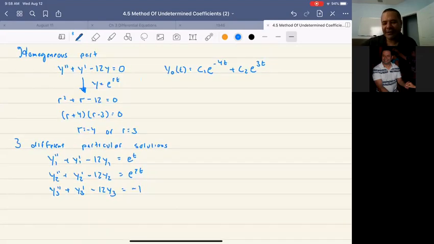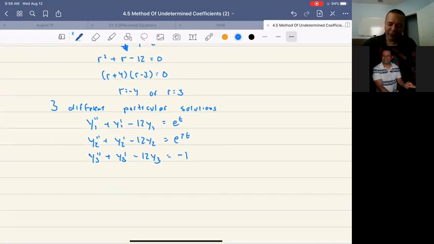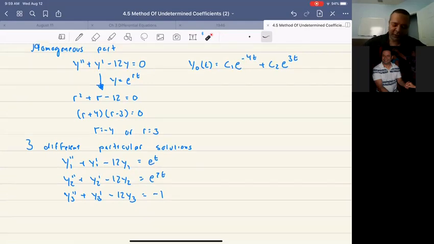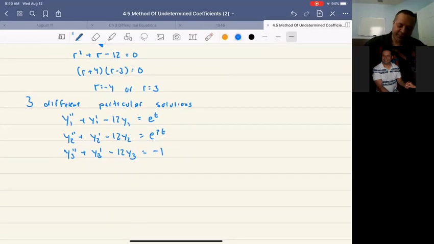Now, luckily, these are all pretty straightforward. Notice there's no resonance going on, right? The exponents are negative 4t and 3t, which don't match here. So that means these are pretty straightforward undetermined coefficient problems. Okay, so y1 equals a e to the t.